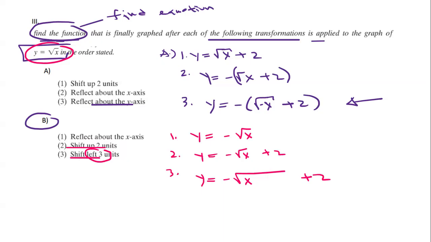I'll tell you more about why that's the case in the next section. So we should put a +3 and not a -3. This is what they want as our final answer. After all the transformations have been applied, this is what the final function looks like. Hopefully that's what you got on your paper.